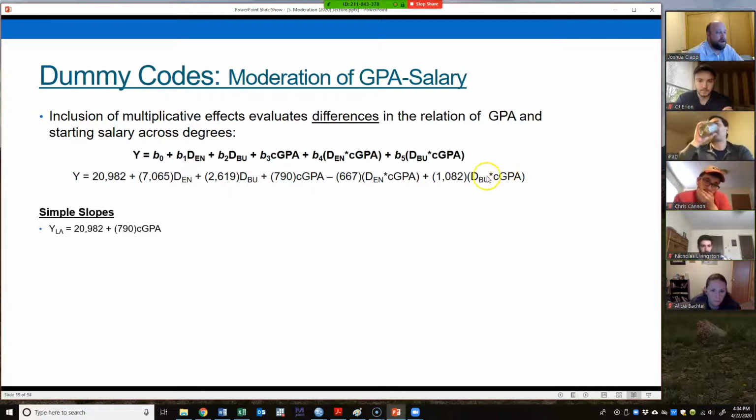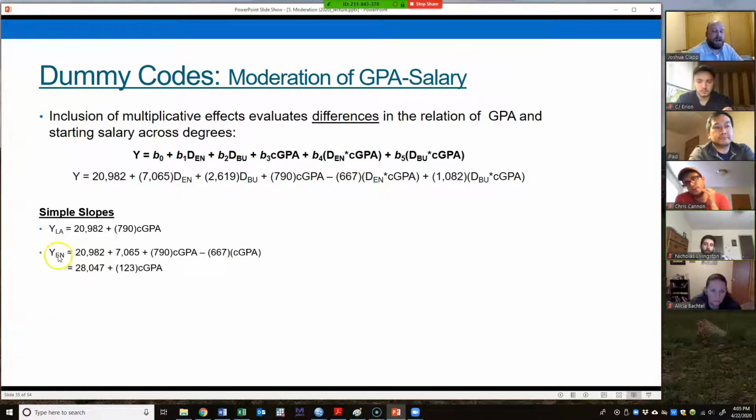And so if I hold 0 for business, that drops out. 0 for engineering, that's gone. What I'm left with is my intercept plus my coefficient for GPA, right? So as we were talking about before, if I'm not centering my dummy codes, my main model just gives me the conditional effect of my predictor with outcome for whatever my reference group is, right?